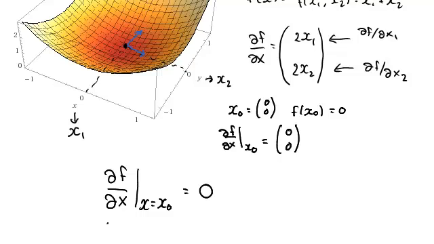This, in general, is an m by 1 vector if f is a function of m variables, and this 0 actually means a vector of zeros containing m of them. Each partial derivative must be 0 for this point to be stationary.